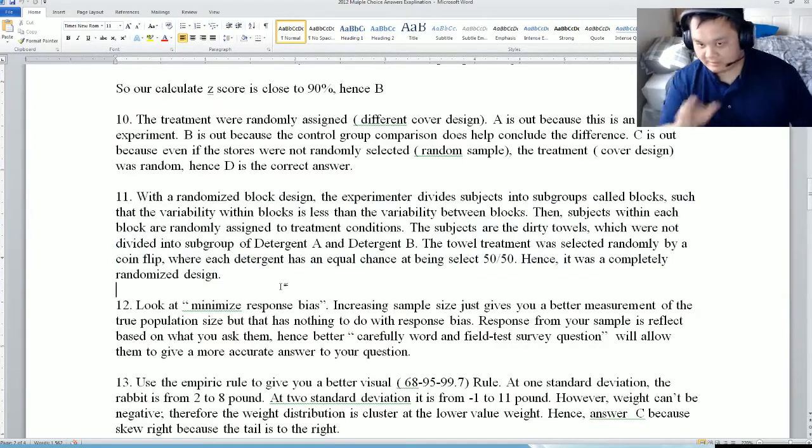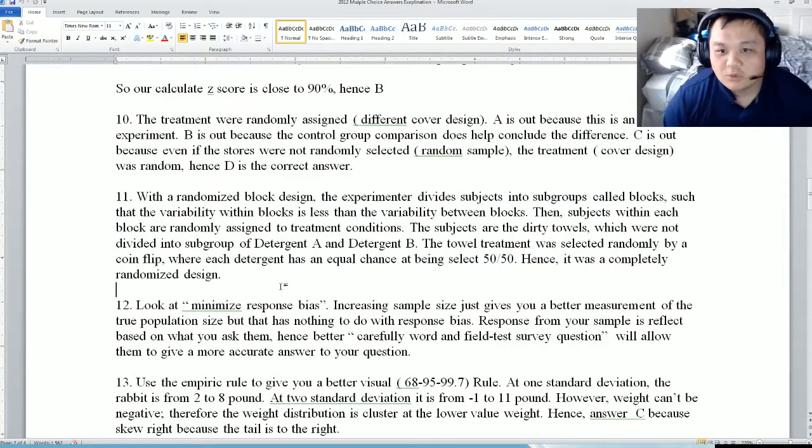Let me read what I wrote for the explanation. With a randomized block design, the experiment divides subjects into subgroups called blocks, such that the variety within the blocks is less than the variety between the blocks. Then the subjects within each block are randomly assigned to the treatment.